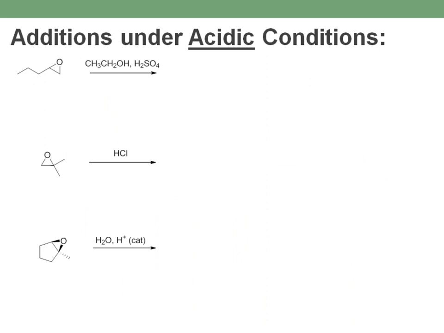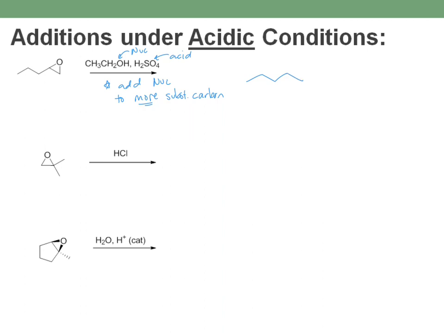So let's take a look at some of these here. So here I have ethanol with acid, right? So I'm seeing that, oh, hey, look, we have an acid. This is my nucleophile. So since it's acidic, I know that I'm going to add my nuke to the more substituted carbon. So I'm just going to redraw my product here.